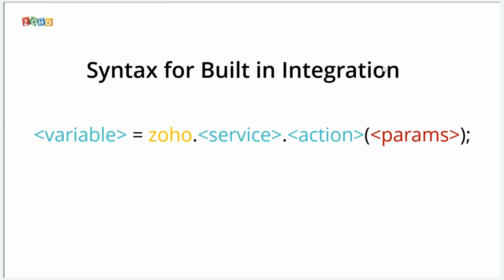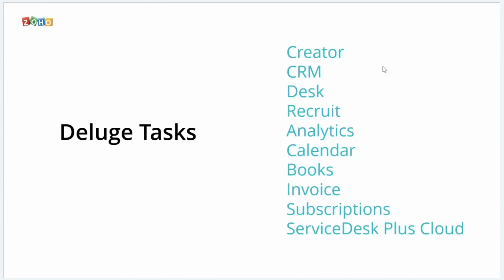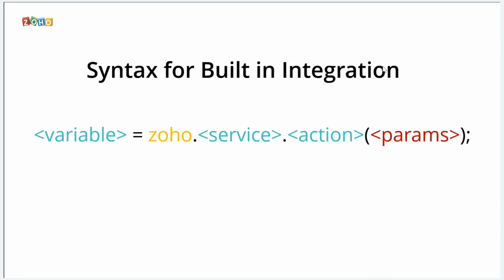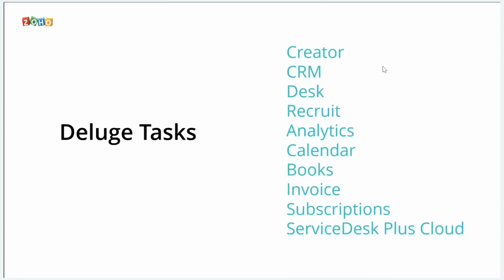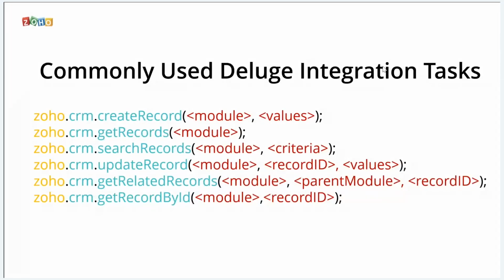So let us see a small example. So these are the Deluge tasks, where you have a creator, CRM, desk, and these are all the tasks that you can select under service. And so these are some of the actions, where you have create records, get records, search records, update records, get related records, get records by ID.